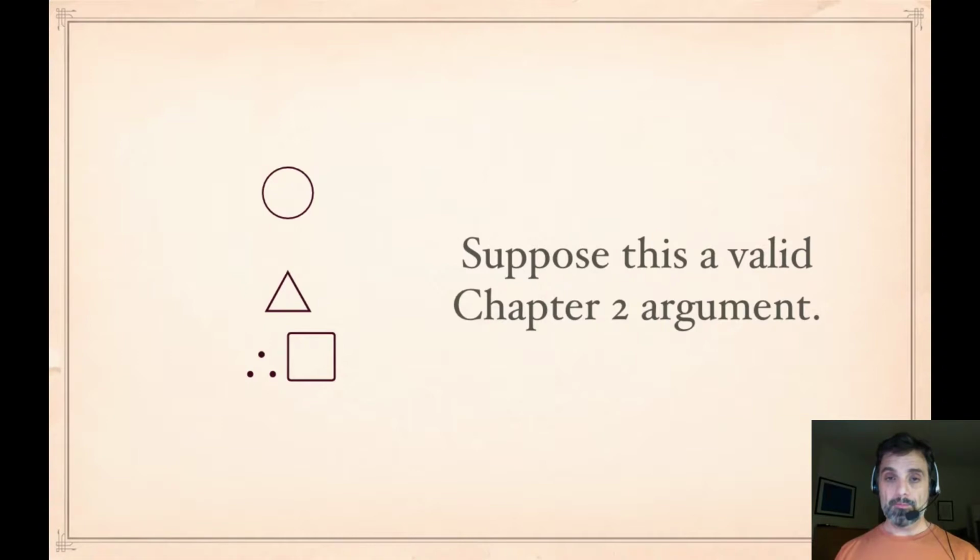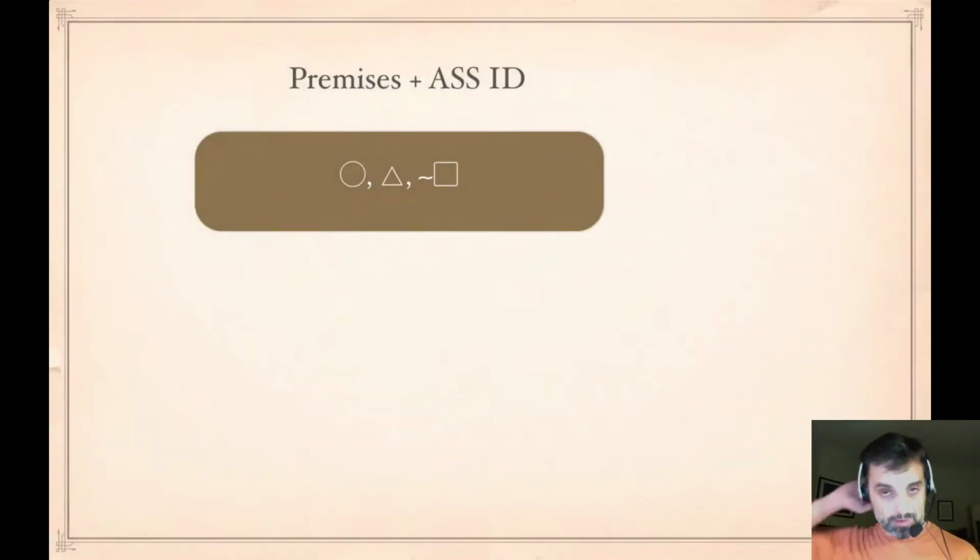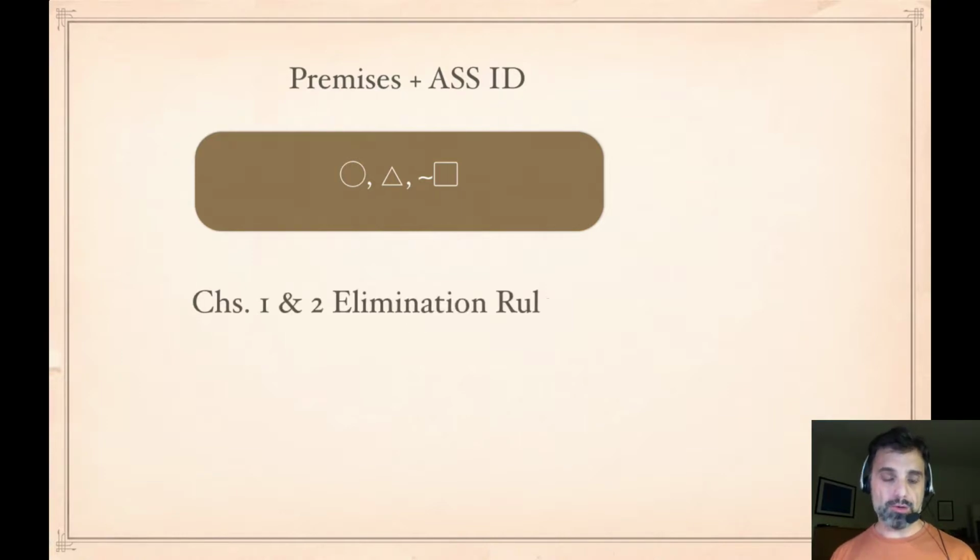In other words, there's no situation in which the premises plus the indirect assumption are all true. Another way of saying that is that they're inconsistent. If there's no situation in which all the sentences are true, then they're inconsistent. That's what we mean by inconsistent. So we start with this inconsistent group of sentences, and then we apply our Chapter 1 and 2 elimination rules.